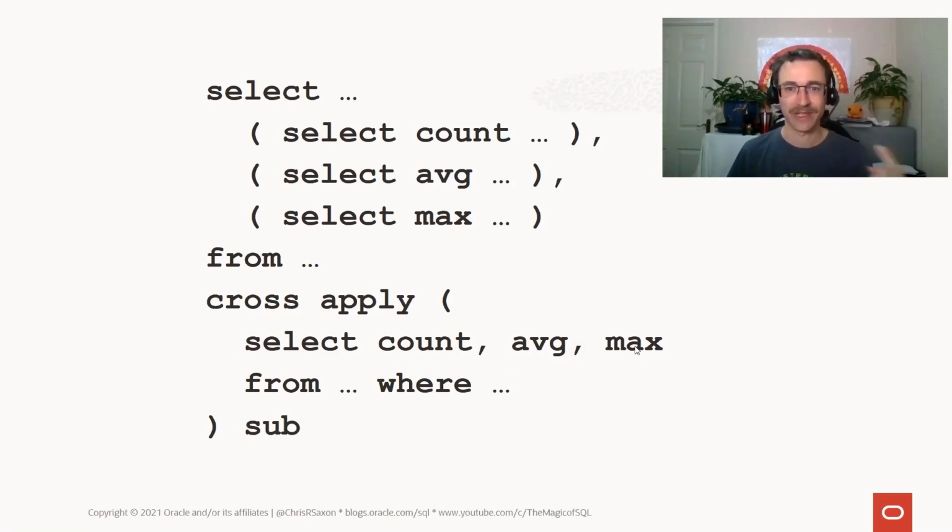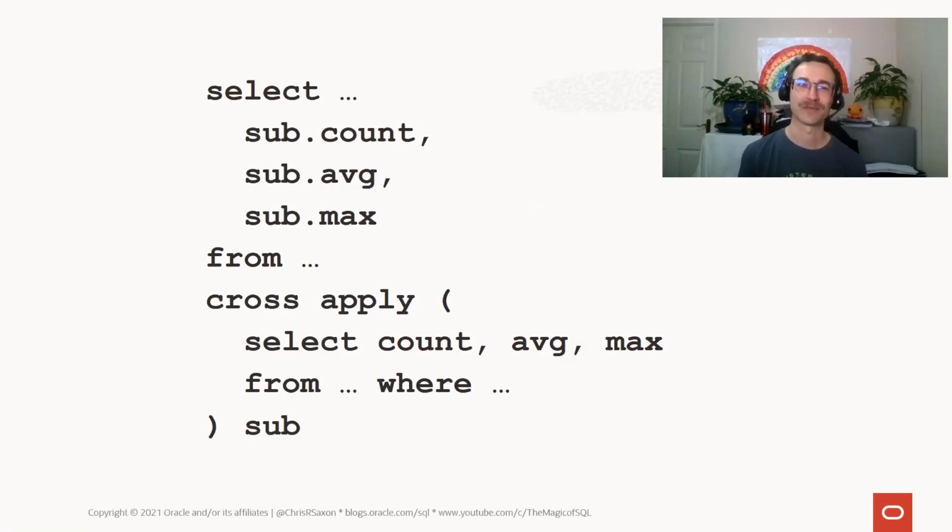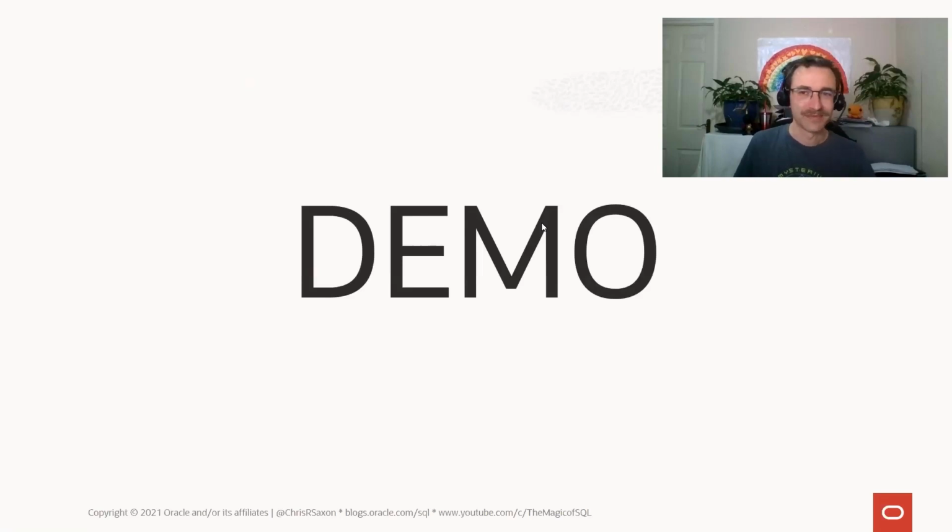In one pass, we get all 3 of those totals rather than having to do it 3 times to get them all individually. So we can then replace those scalar subqueries with the values we get from our cross-apply inline view. So at this point, I'm going to jump back over to a demo and see if there's any questions or comments.